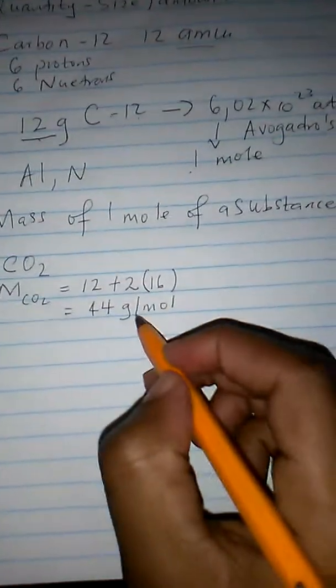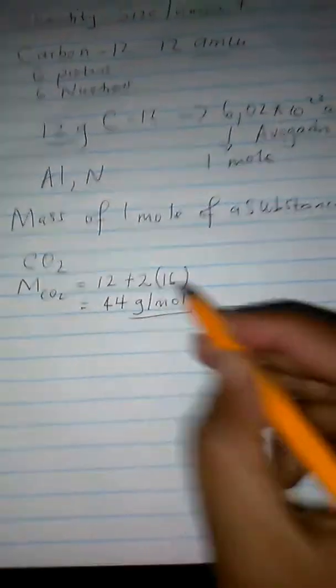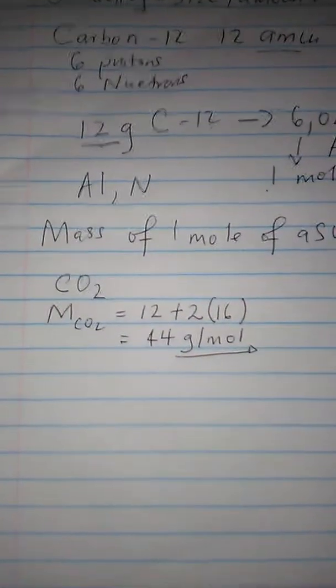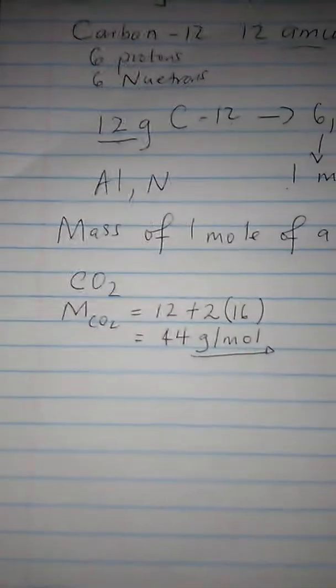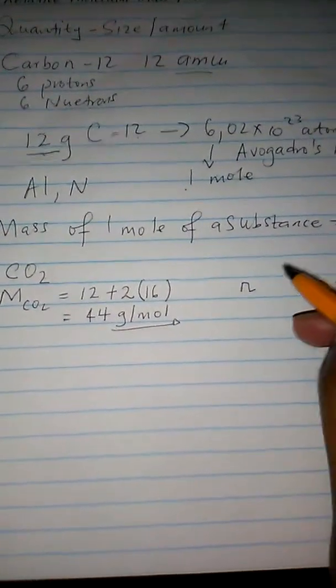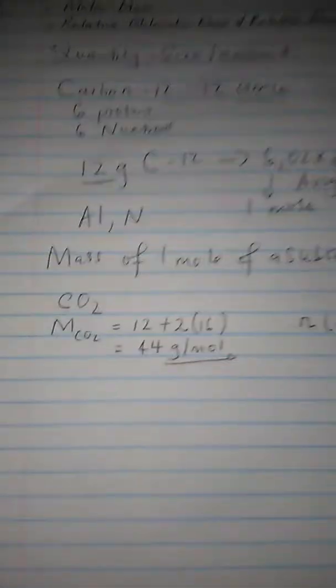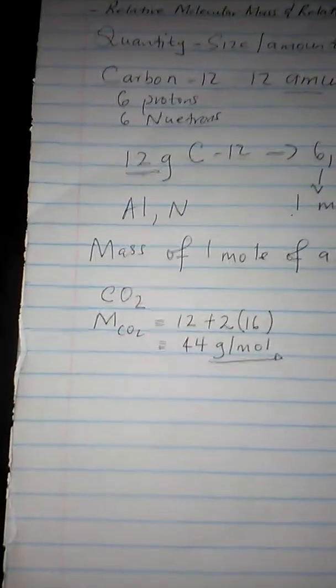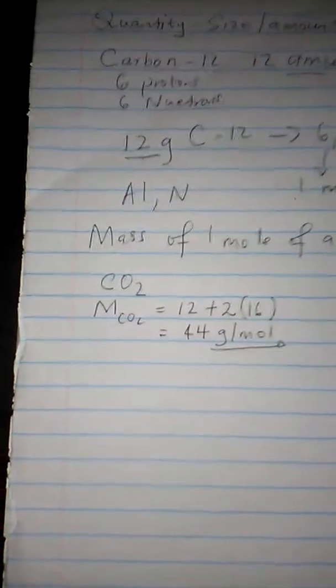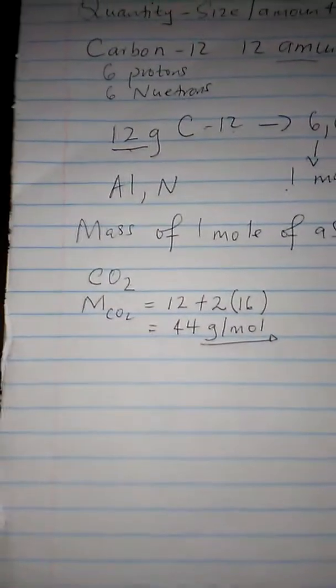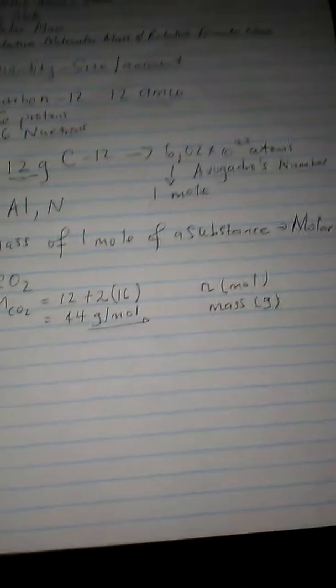So when you're speaking of the units for the molar mass, it brings us to another thing, which is n, the mole or the number of moles, which has the units of moles. And then obviously the mass has the units of g or grams.